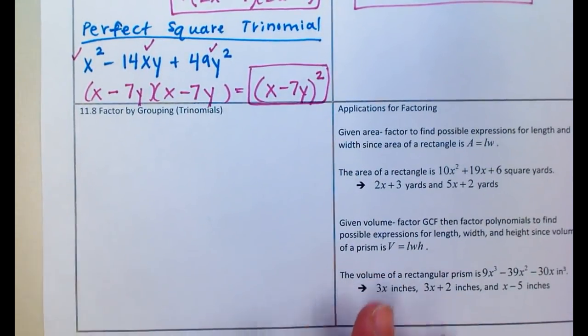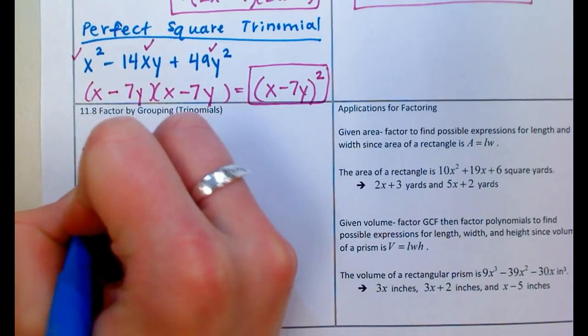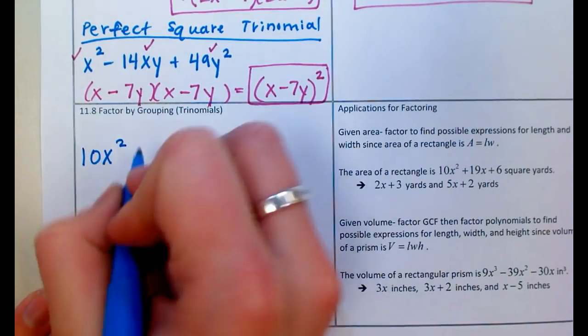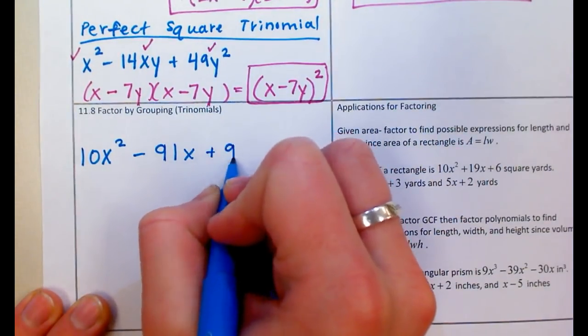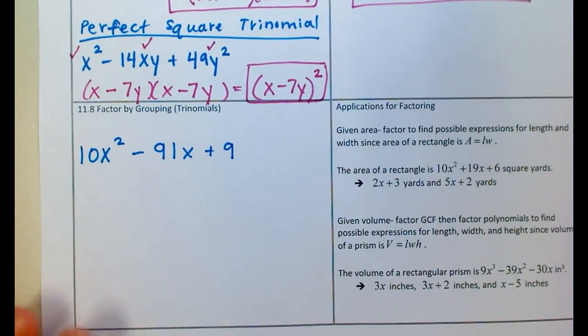11.8, we also did factor by grouping with our trinomials. Sometimes this can make the problem messier, but sometimes it's just a good tool to have in our toolbox. So I'm going to give you the problem 10x squared minus 91x plus 9. Now in order to factor by grouping, we need to make this into 4 terms.